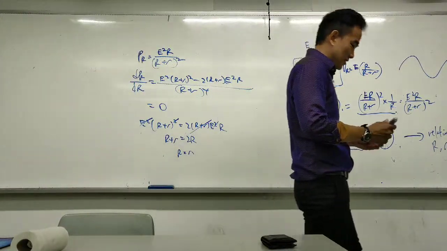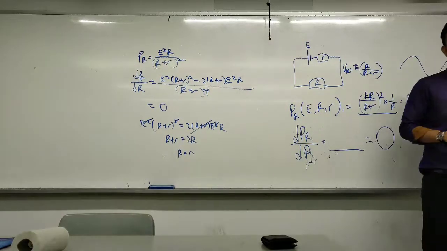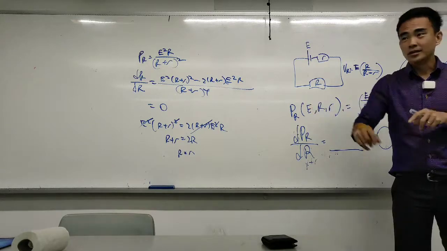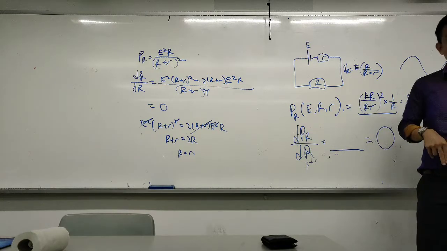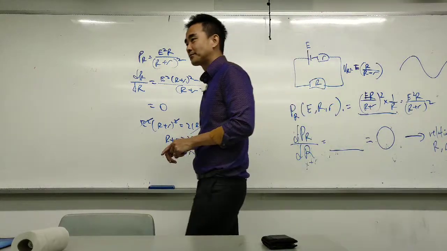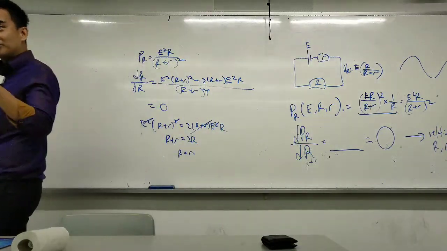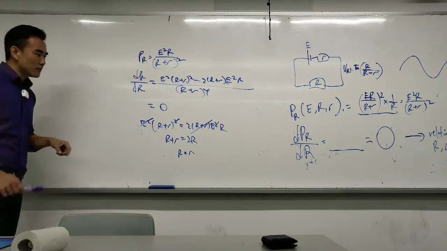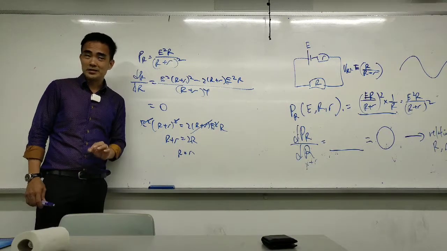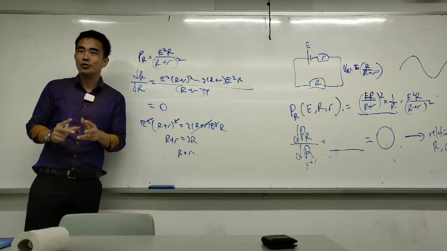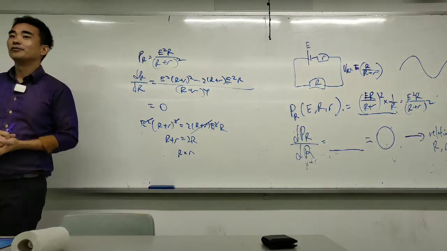If you learn electronics in the future, you'll find this very interesting phenomenon where if the resistance of your load is equal to the resistance of the source, it will transfer maximum power. So actually it is good for your source to have a little internal resistance, because if your source has very low resistance, that means the load, in order to receive maximum power, needs to be designed with very low resistance, which is very difficult.